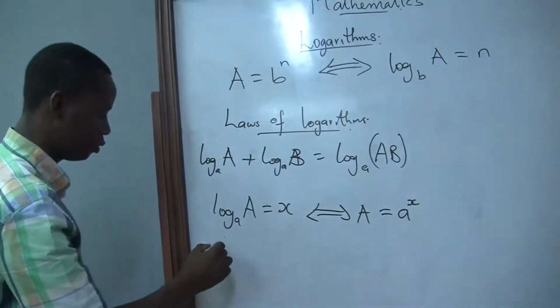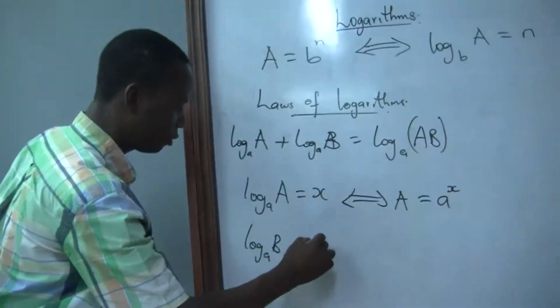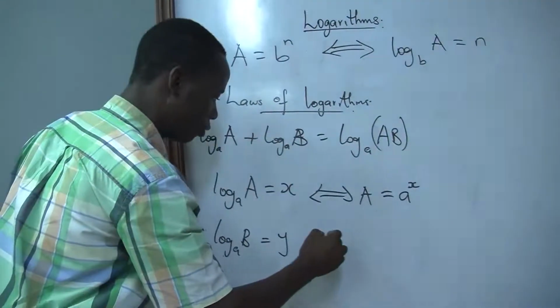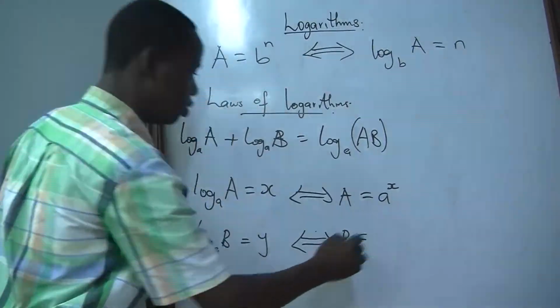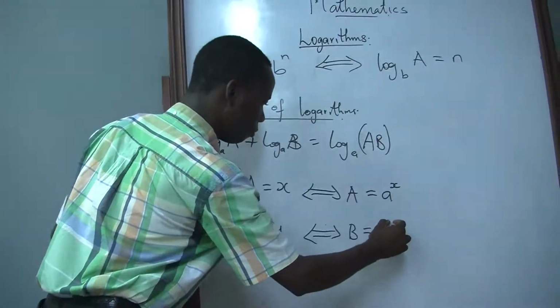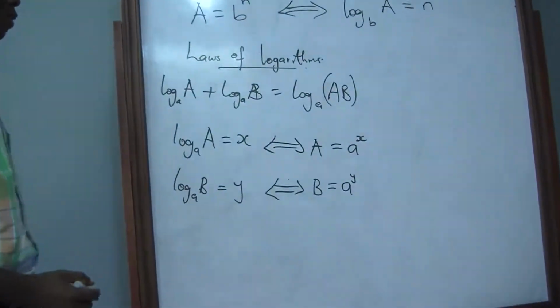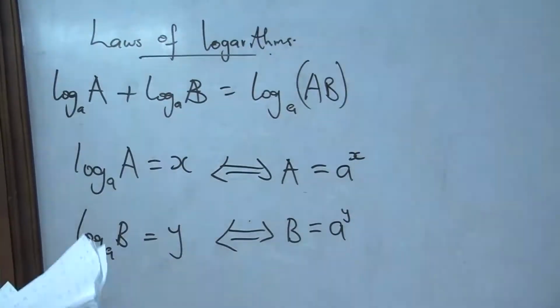And this also will be log b in base a, if that equals y, that also will give me this relationship where I'm going to have b equals a raised to the power of y. What I'm having here, according to this, will give me this.